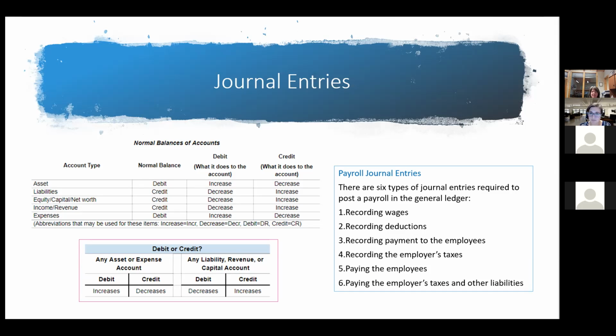So know that assets have a debit balance. When you think of your checking account, it often confuses people because when they go to their bank and put their paycheck in, the bank teller says, "We've credited your account." Yep, they have credited the liability account of the bank that owes you money.